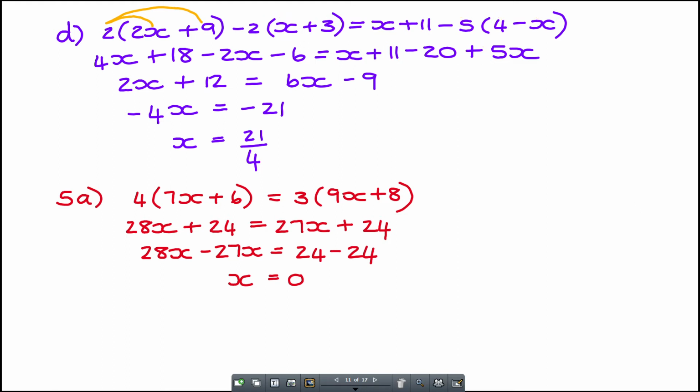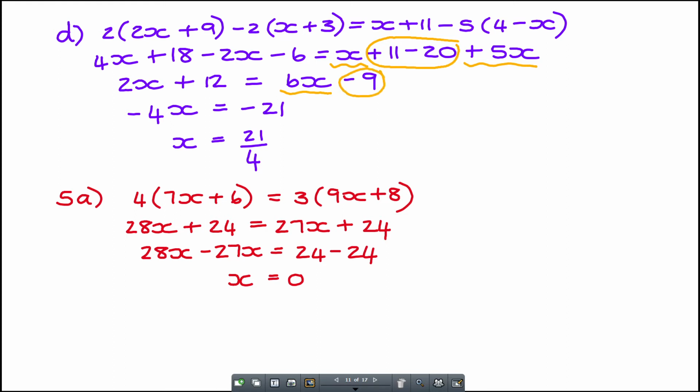Then, all I want to do now is simplify on both sides a bit so it looks better. So 4x minus 2x gave me 2x. And 18 minus 6 gave me this 12. Okay, let's look at the right-hand side. So x plus 5x gave me 6x. And 11 minus 20 gave me minus 9.